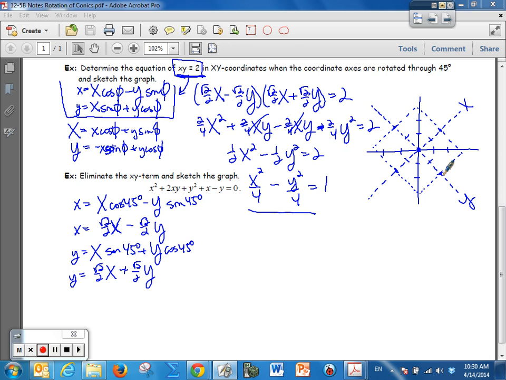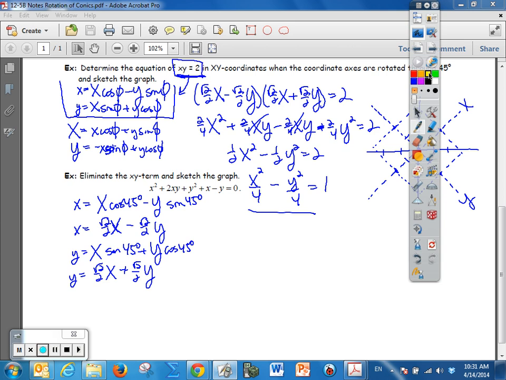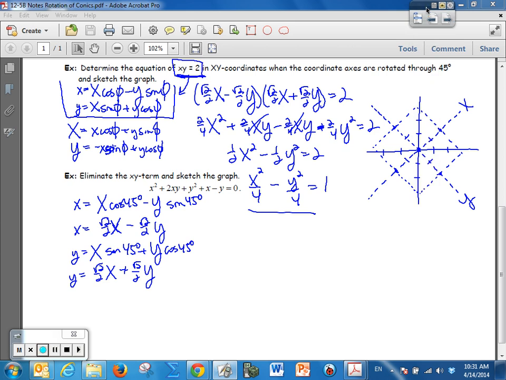We would actually have our asymptotes this way. It's going to get kind of confusing with all the dotted lines, so I'll just change color. So our asymptotes would go through the corners of the boxes. And let's see, we have the X one first, so it's going to be horizontal. So it's going to be this part right here.